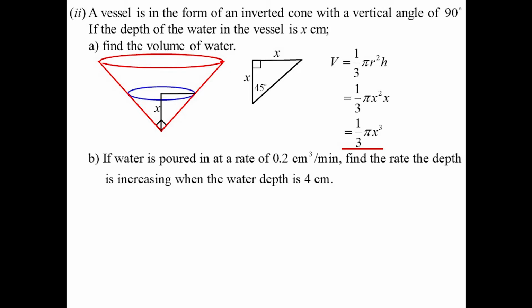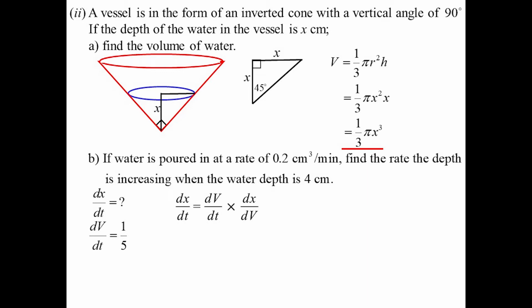All right, so we now know that water is being poured in at a rate of 0.2 centimetres cubed per minute. We want to find how the depth is increasing. So the depth is increasing. That's dx/dt we're trying to find. They've told us dV/dt is going up 0.2, which is 1/5. So I know dV/dt, I want dx/dt.